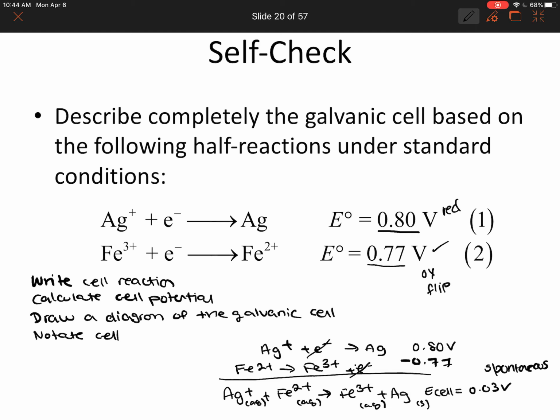We know all ions are aqueous and metals are solid. And we calculated the cell potential. So now I'm going to leave the rest to you. Knowing what is reducing and what is oxidizing, draw a diagram of the galvanic cell with a porous disc, since you're not given information of a salt bridge, and notate that cell. And then you'll submit that at the end of the day.